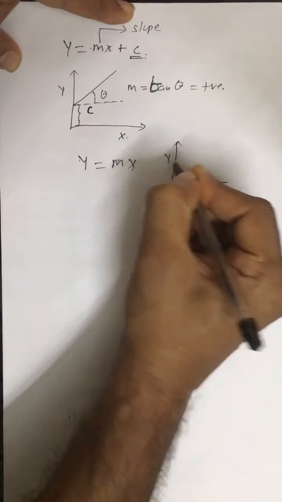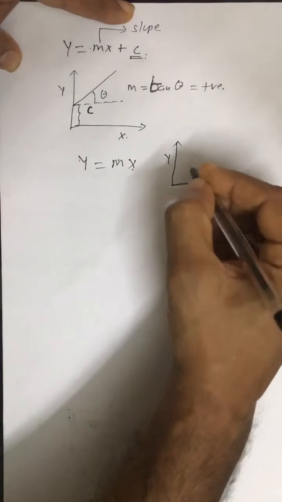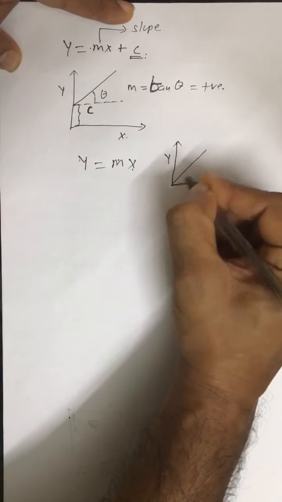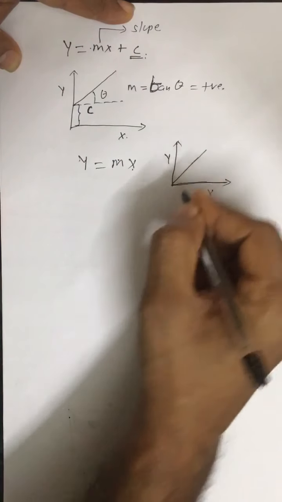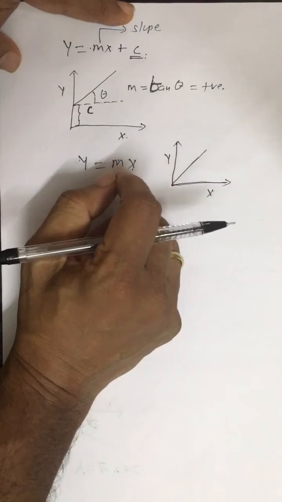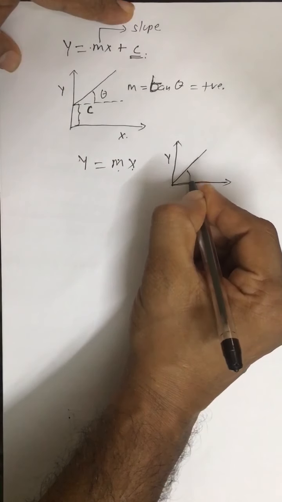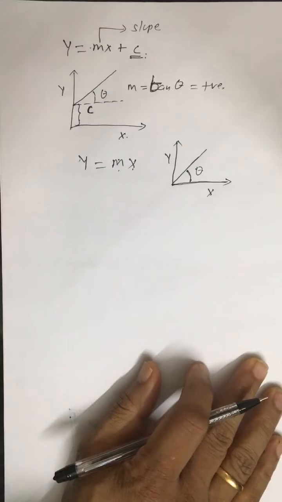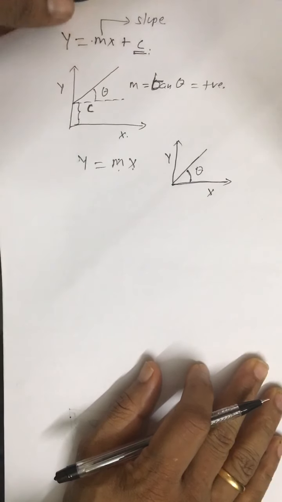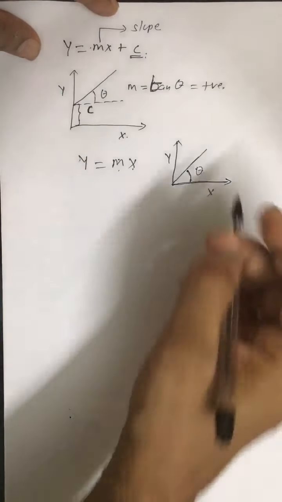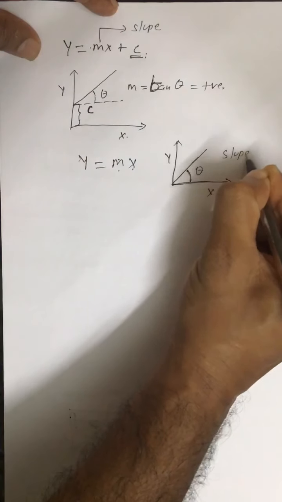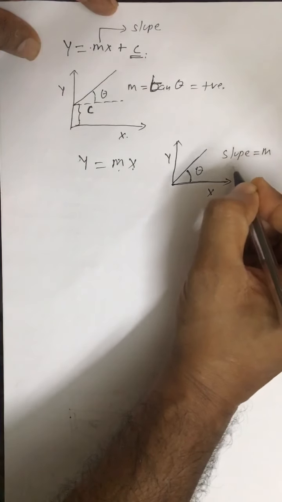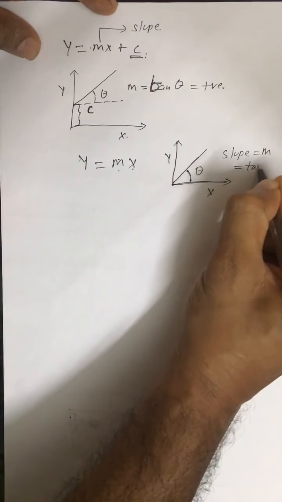This is the y-axis, this is the x-axis, and you get a positive slope without intercept. This is the angle theta, and slope is equal to m, which is equal to tan theta.